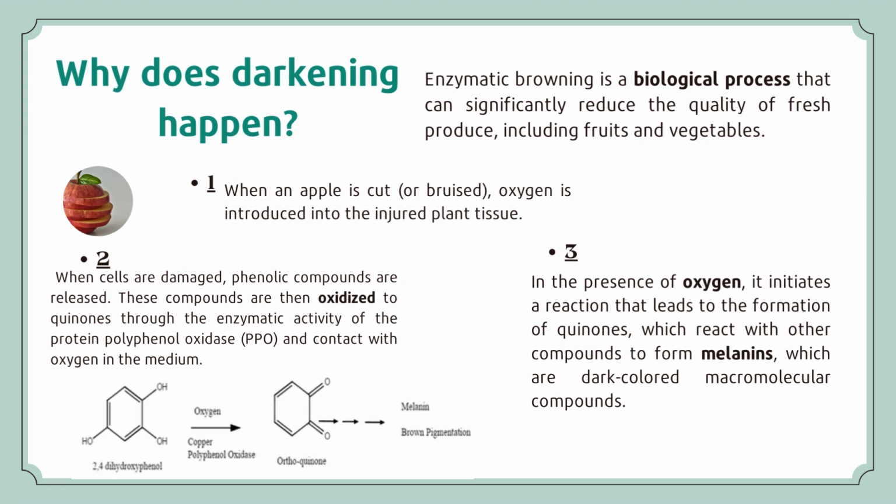So the polyphenol oxidase (PPO) oxidizes the phenols, and from all that reaction we get melanin, the same one that pigments our hair or skin color. So the melanin is the one that pigments the apple.